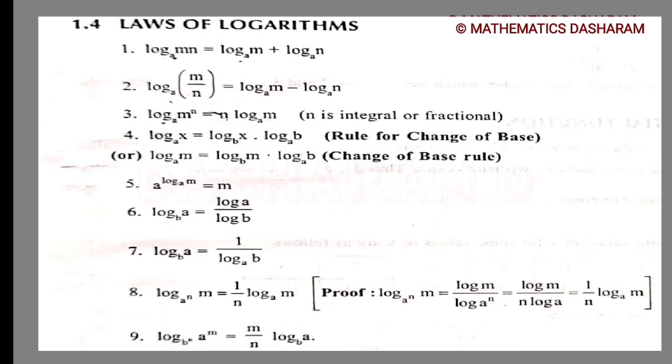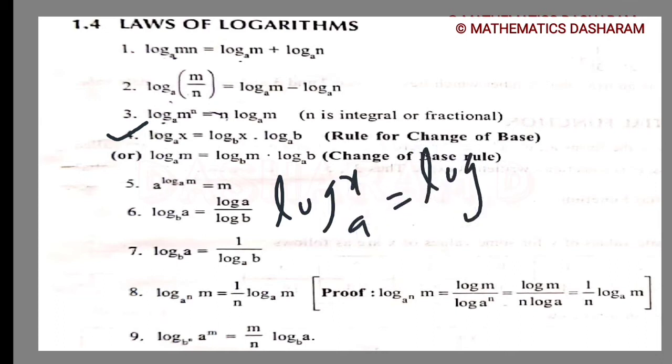The fourth one is a new formula for you. We can write log x base a as a product of two other logarithms. How is it possible? Observe carefully. Here x as it is, next b, and log b base a.